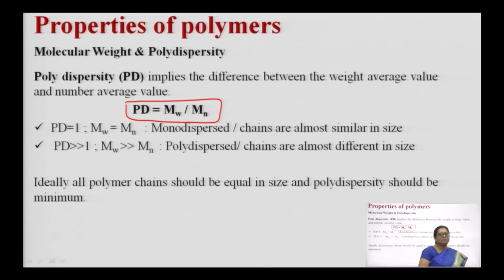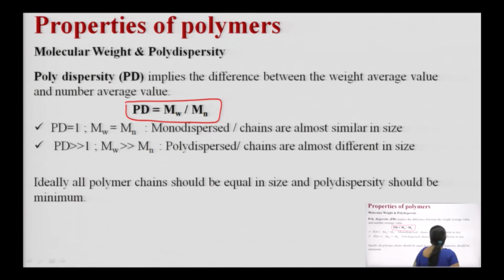Ideally, this Pd value will be equal to 1, that is when the number average and the weight average are equal, this ratio will work out to be 1, and the system will be called a monodisperse system, which implies simply that chains are of the same size, same length, they have the same number of monomeric units, that is why it is called a monodisperse system.